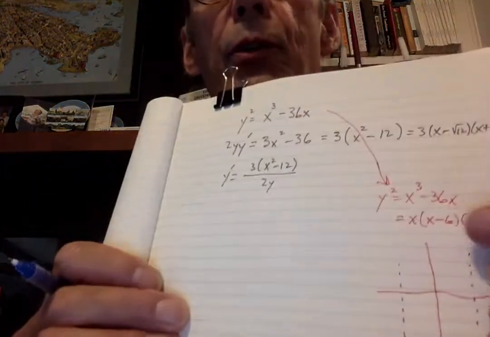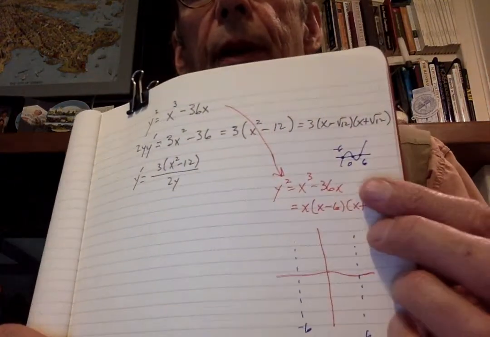So the cubic factors as x, x minus 6, x plus 6. And so when we start to think about what's going on with the graph of this thing, we're not going to be able to say exactly what's going on. But something happens at minus 6 and at plus 6. So remember, this is a cubic.